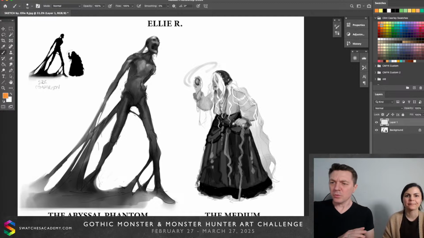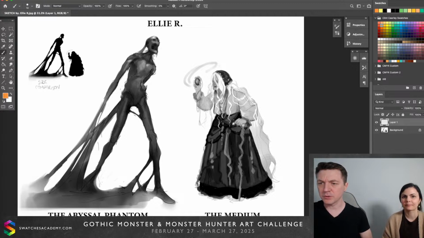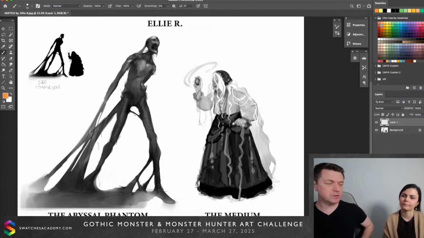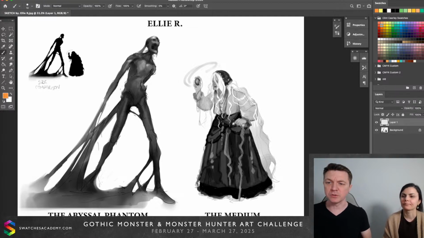Good initial read when I glance at these. Very strong silhouettes between the 2 of them. And I feel like both of these are serving as what would be a good base. They need some more development to really make them stand out, be interesting enough for the full illustration, but the base is certainly there.